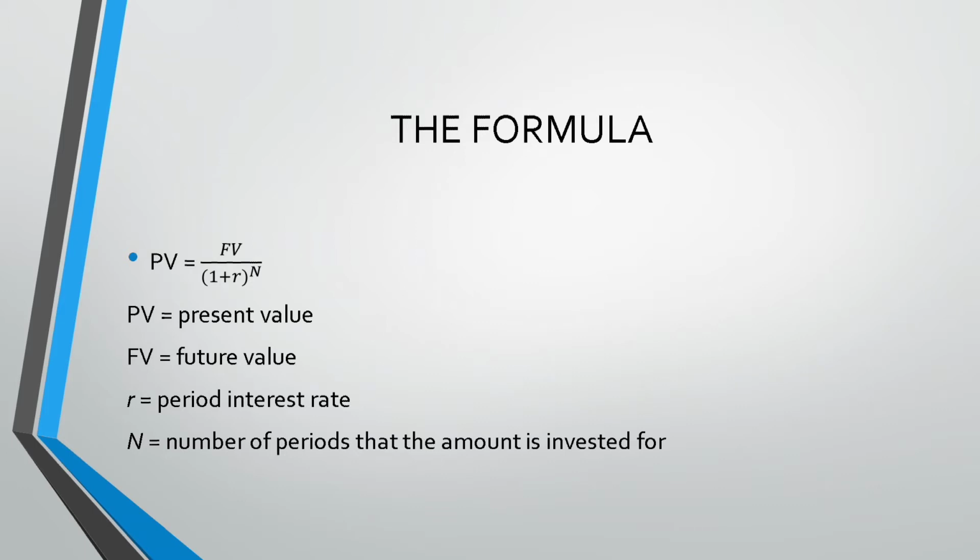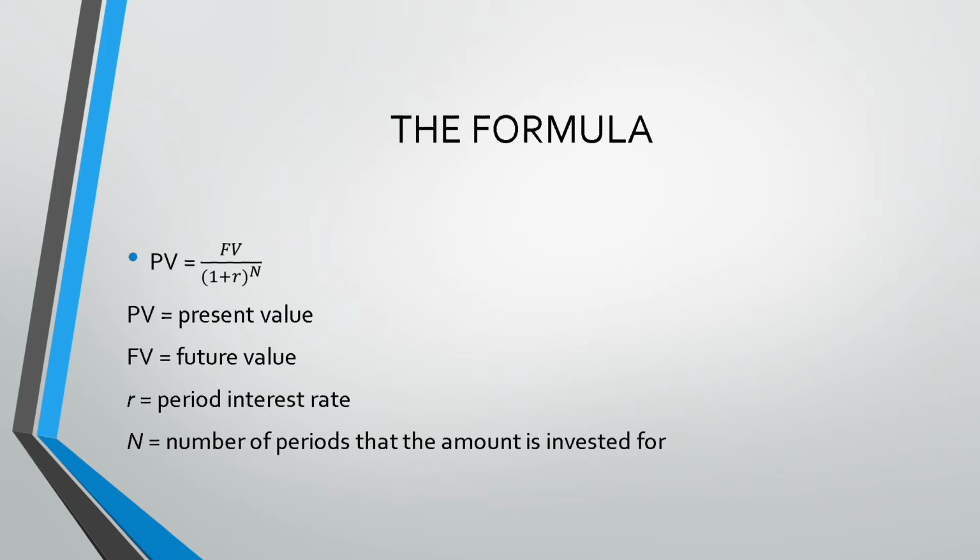So I have here the formula for present value. In our previous discussion, we discussed future value, so I want you to watch that video for you to understand this better.